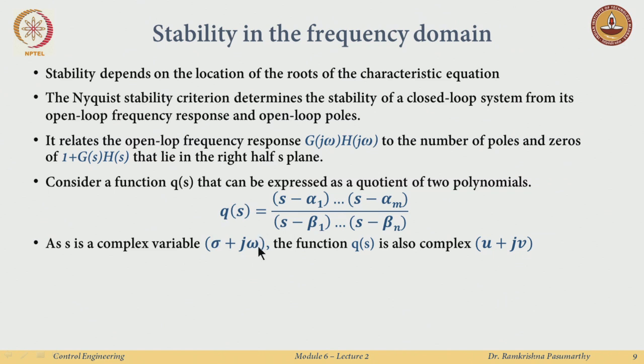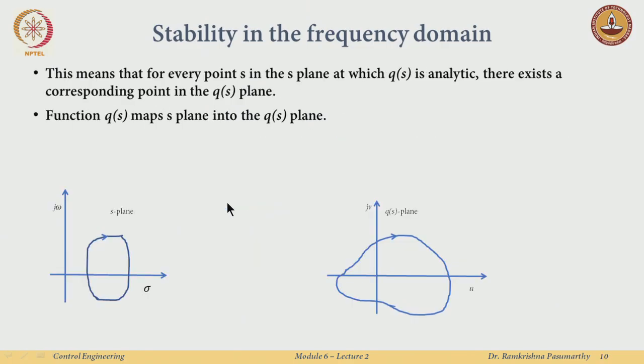If this is a complex variable, the function Q of S is also a complex variable. Let me call that u plus jv in the new axis. So I start with the sigma j omega axis and I go to the u jv axis via this map Q. Q takes S, computes all these things and gives me Q of S. Not complicated, don't get worried.